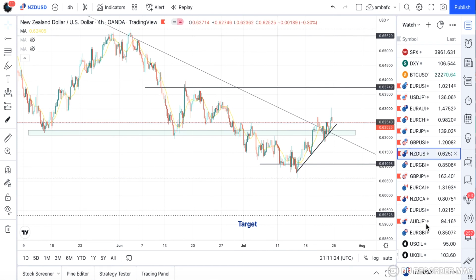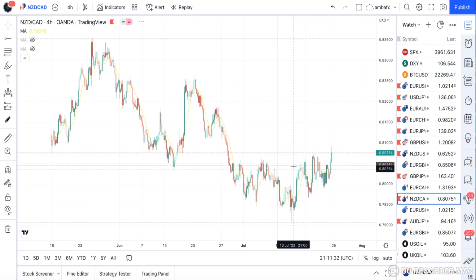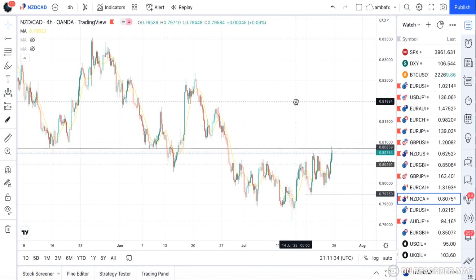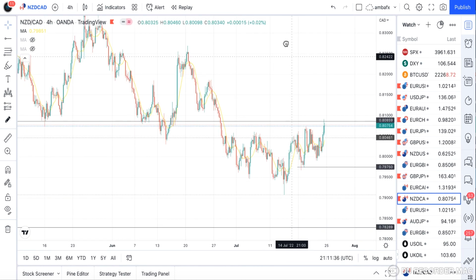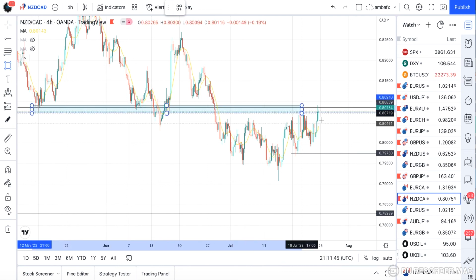So the last pair we'll check here is NZD CAD. For now, for NZD CAD, my bias still remains bearish, because this level is still holding.